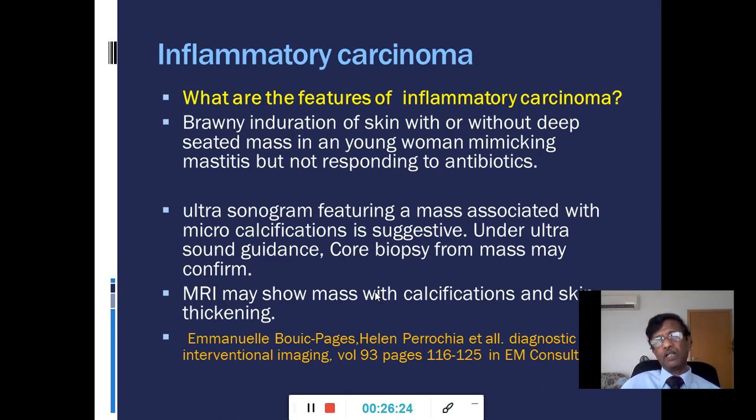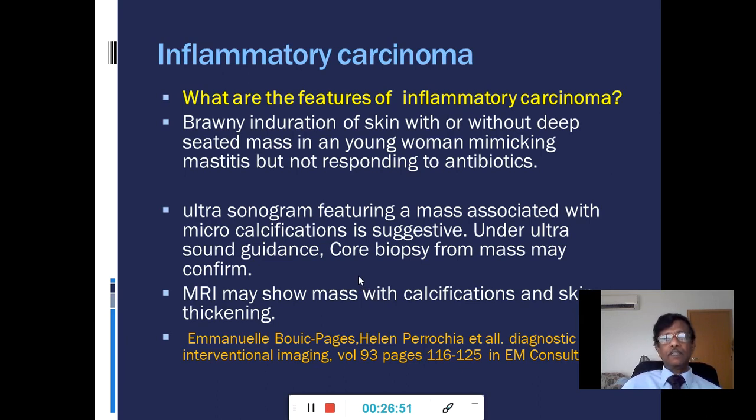This patient comes to the hospital with features of acute mastitis, but does not respond to antibiotics or conservative management. No abscess has formed, and it is rapidly growing. Within 3 to 4 weeks, it rapidly involves the whole breast, and brawny induration of the skin is seen.